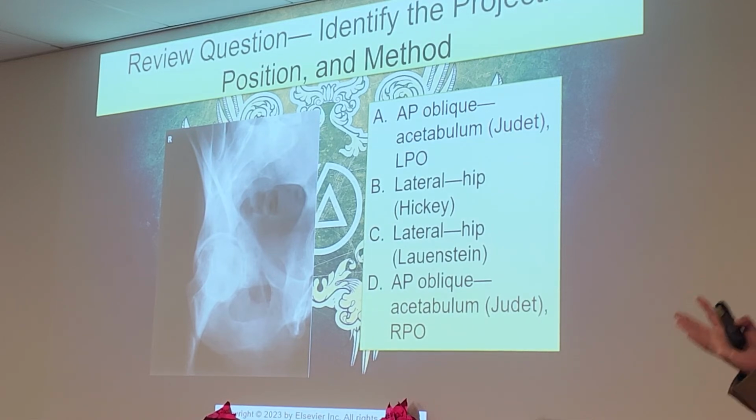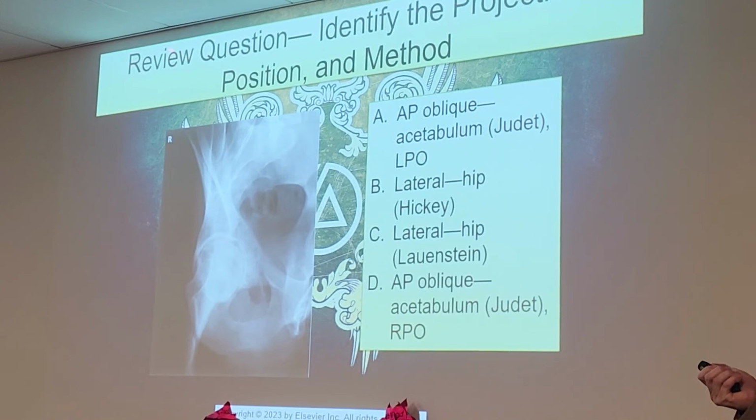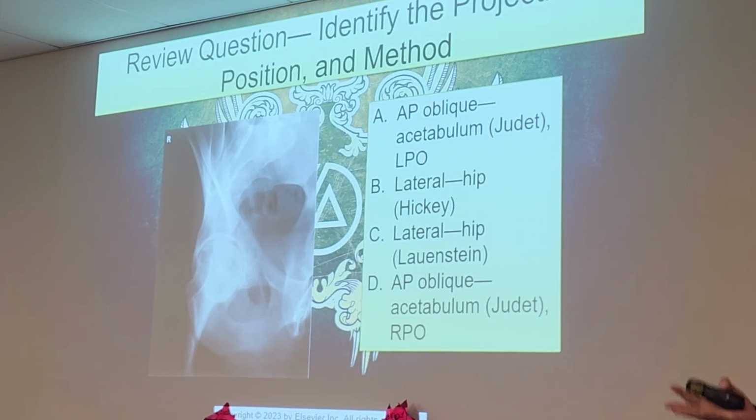That tells us that that side is elevated, so it's an LPO. There's also why you can't always go by the marker, everybody. Because seeing the R, you'd almost want to default and say it's RPO. But it's not. This is the side of interest, but we're looking at the elevated side on this X-ray. That's why the right side is marked. We have to look at the anatomy and how it changes shape. Is that making sense?